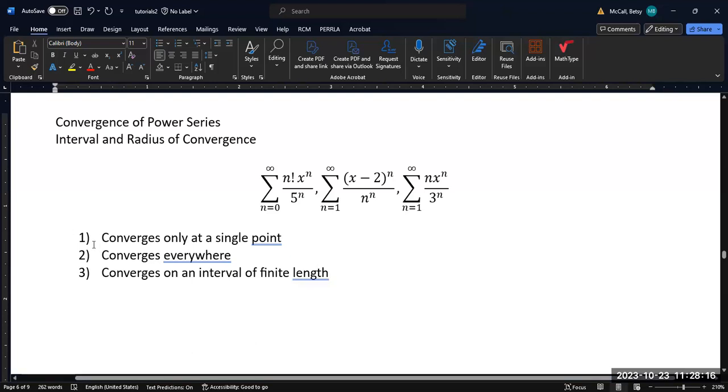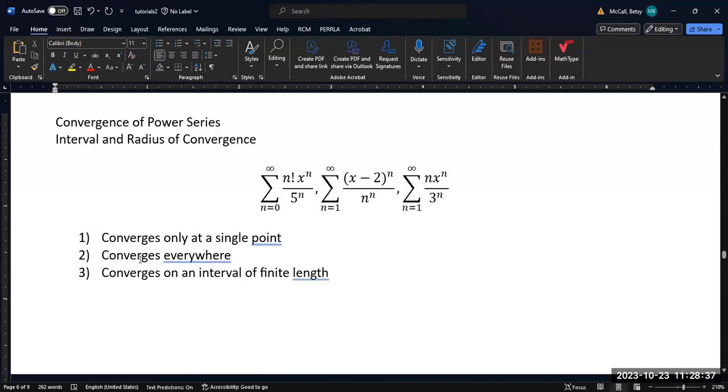Now, often the cases where it converges at a single point and converges everywhere are considered special cases. They aren't the most common things that crop up, but they do occur and you do need to know how to deal with them. They are in some ways easier because you don't have any endpoints to check.